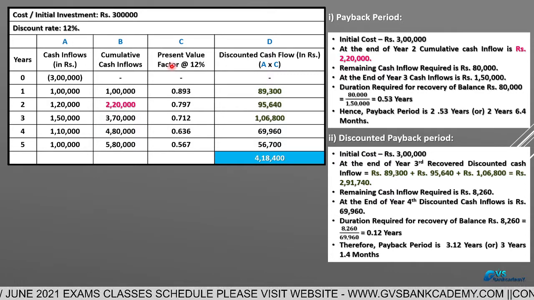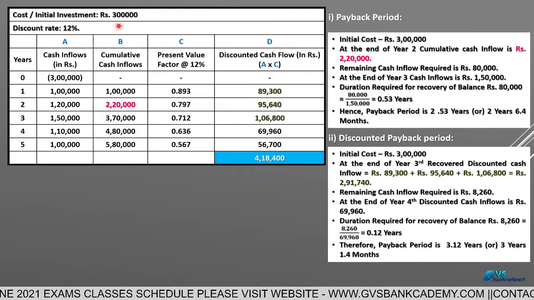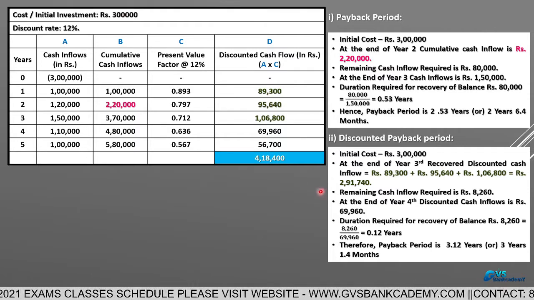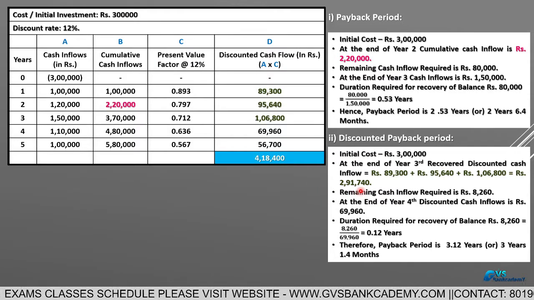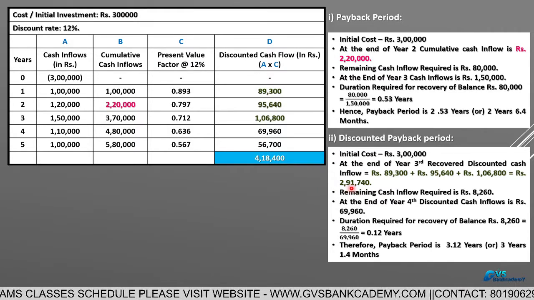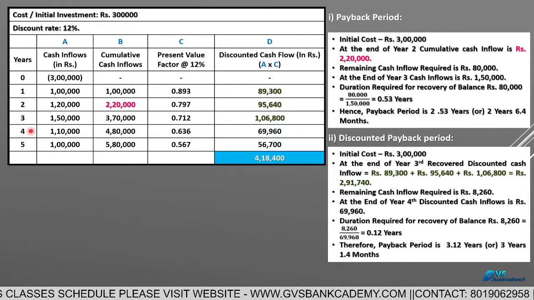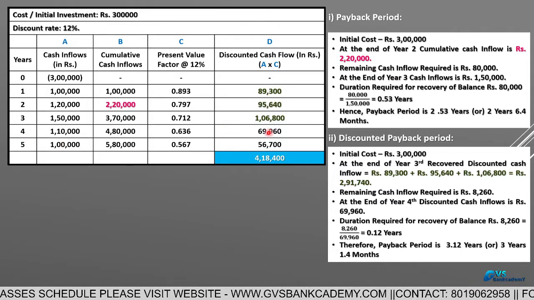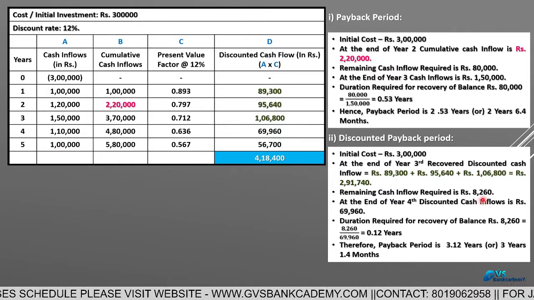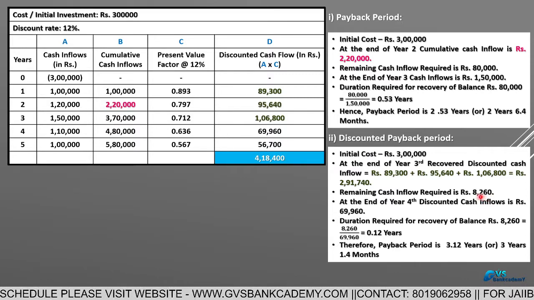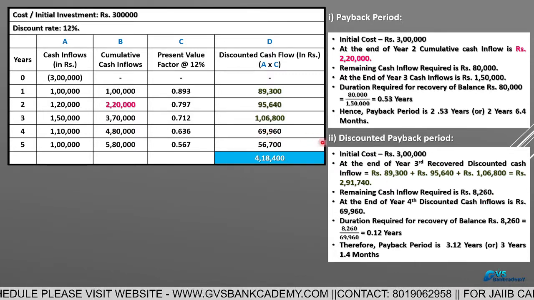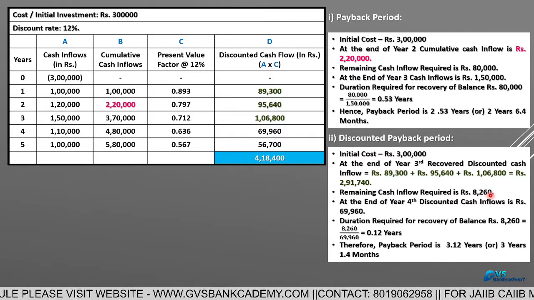We need our initial investment of 3 lakhs. 3 lakhs minus 2,91,740 means from the fourth year we need 8,260 rupees.